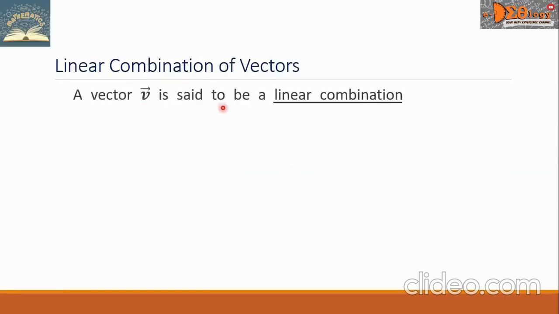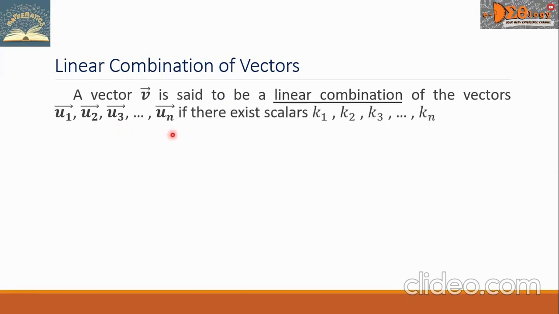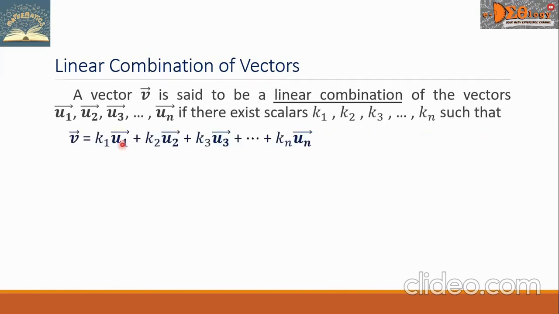A vector v is said to be a linear combination of the vectors u sub 1, u sub 2, u sub 3, up to u sub n, if there exist scalars k sub 1, k sub 2, k sub 3, up to k sub n, such that vector v is equal to k sub 1 times vector u sub 1 plus k sub 2 times vector u sub 2 plus k sub 3 times vector u sub 3 plus up to plus k sub n times vector u sub n.